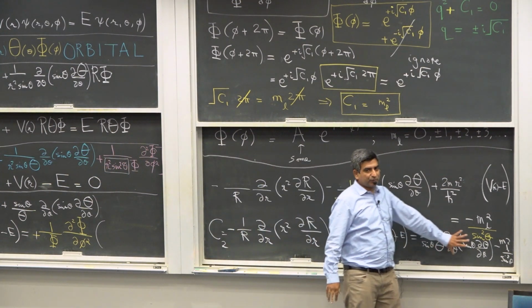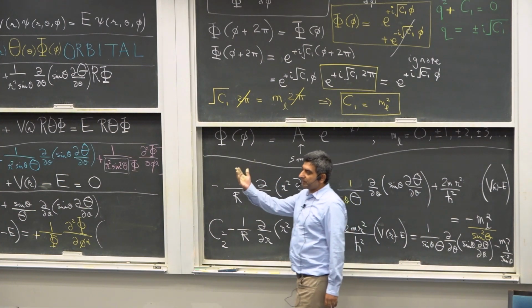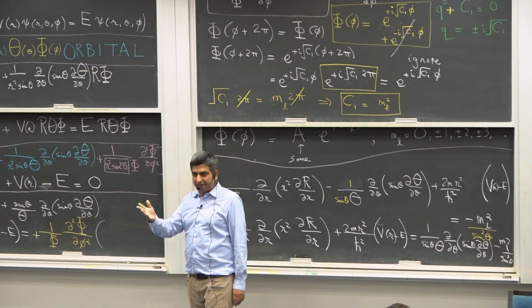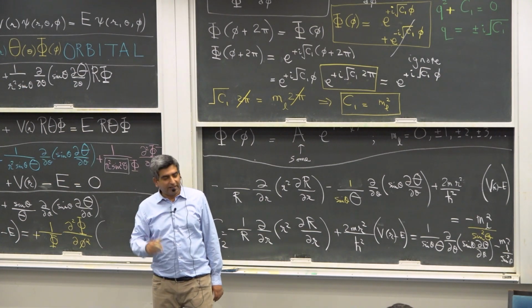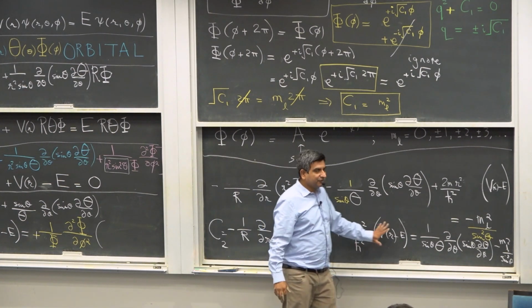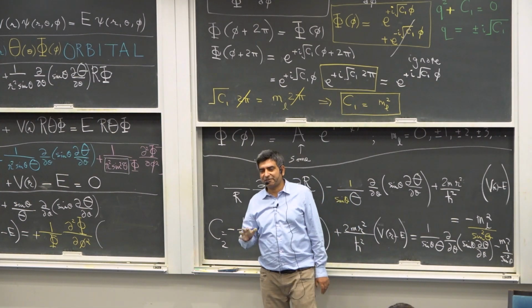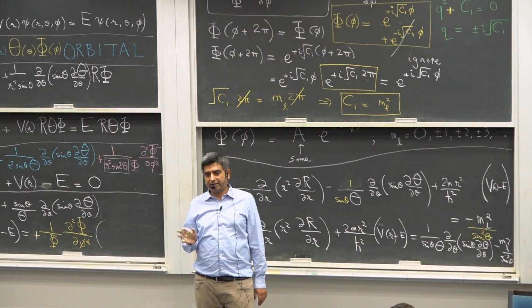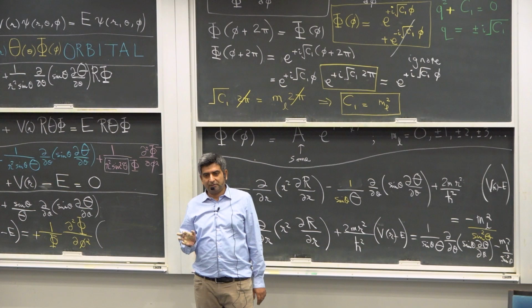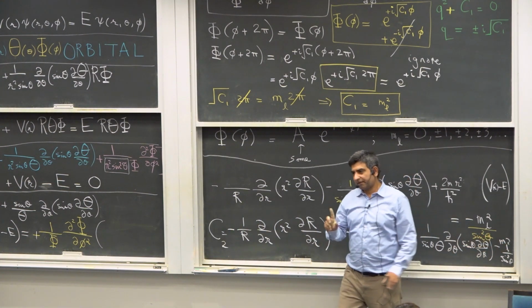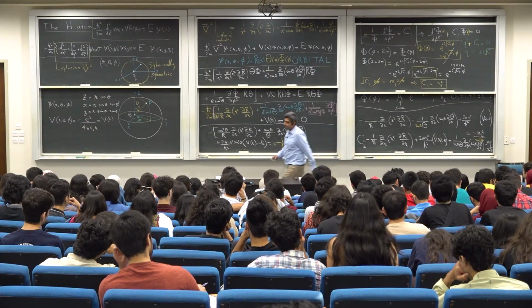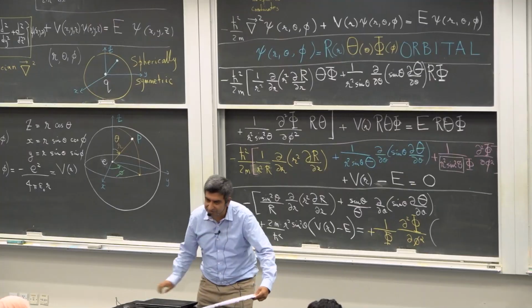This kind of equation was solved in the pre-quantum times by a French mathematician, Legendre, and this was also solved by, I think, another French mathematician, Laguerre. So let me give you a glimpse of what the solution to this part looks like. Just a glimpse, and then we'll take a break. Any questions in the meantime?